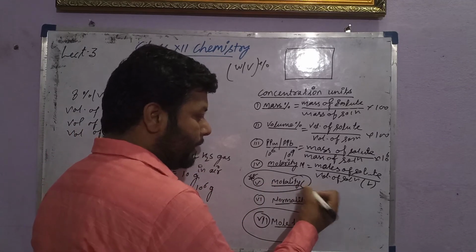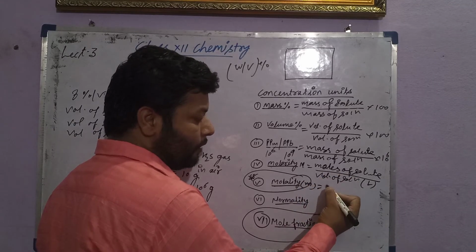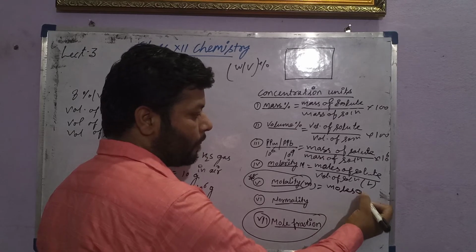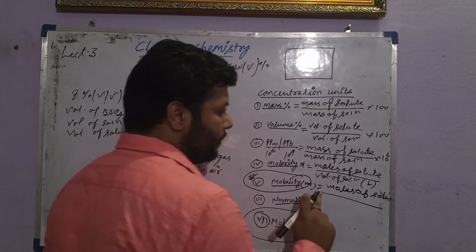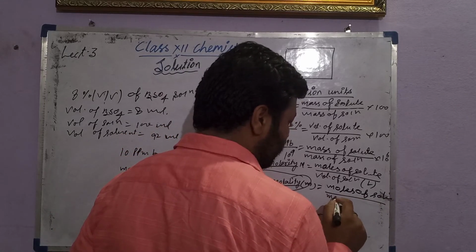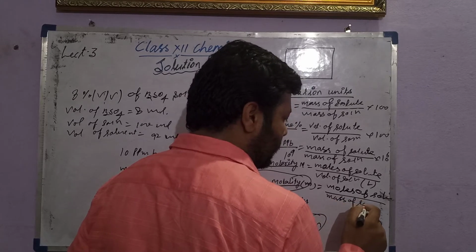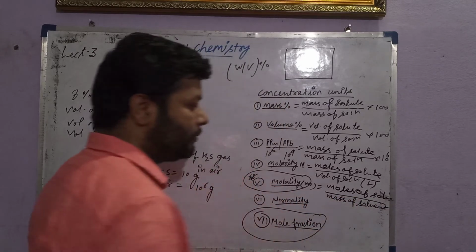Molality is indicated by small m, and that is the only difference. The moles of solute will be the same, but here we have the mass of solvent.